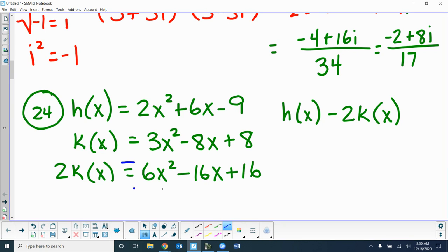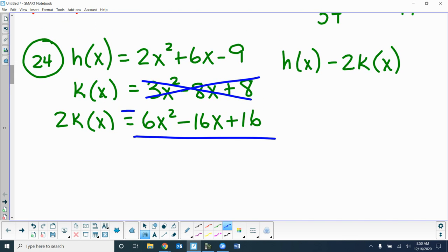So we're not looking at this now, right? What's 2x squared minus 6x squared? Negative 4x squared. What's 6x minus a negative 16? 22. Because it's minus a negative, what is it?